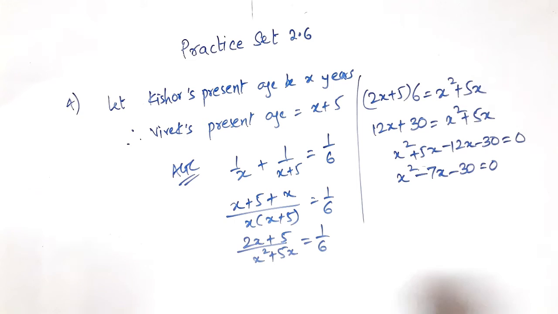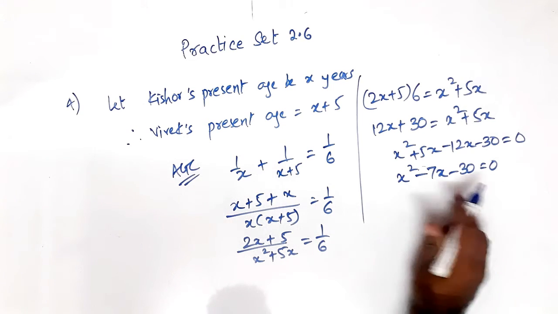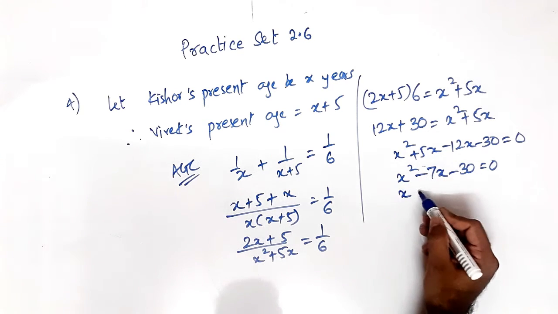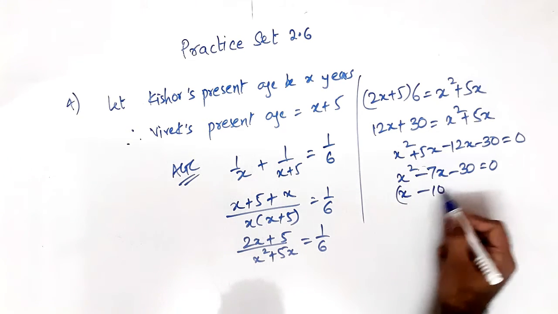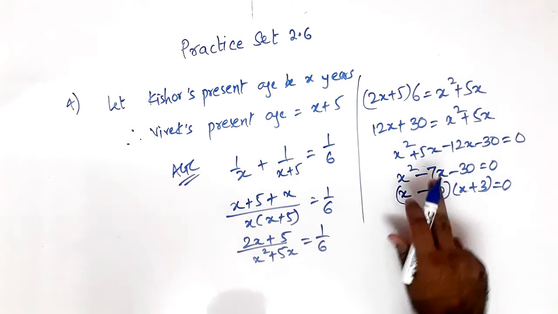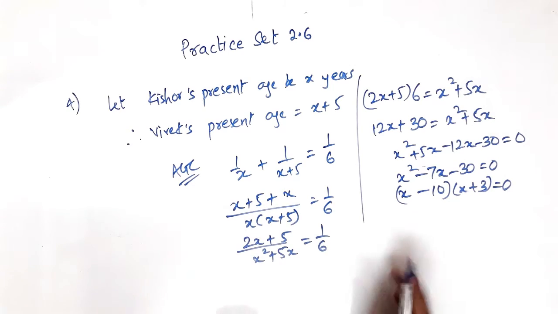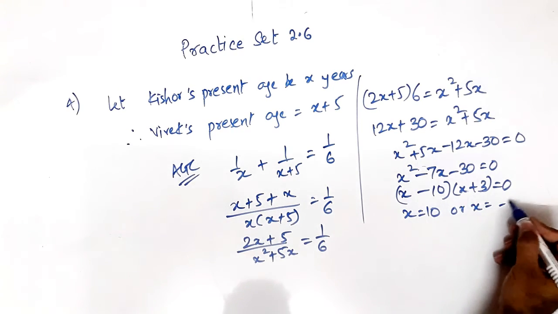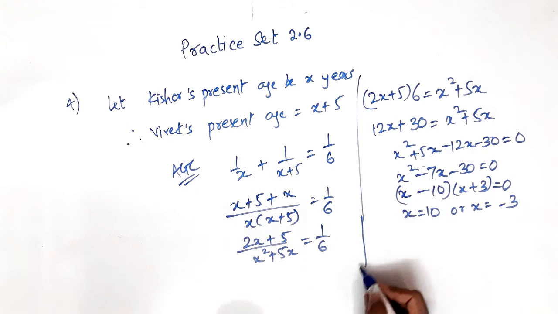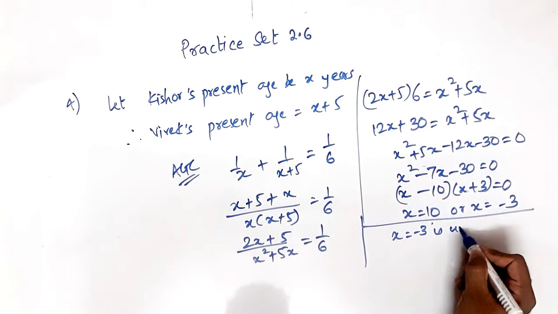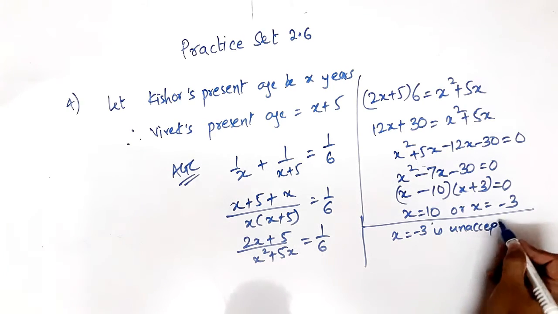Now x square minus 7x minus 30 equals 0. Factors of 30 such that I want 7: of course 10 and 3 are, so x minus 10 and x plus 3 will give me the required product and sum. So x is equal to 10 or x is equal to minus 3. Now x equal to minus 3 is unacceptable.